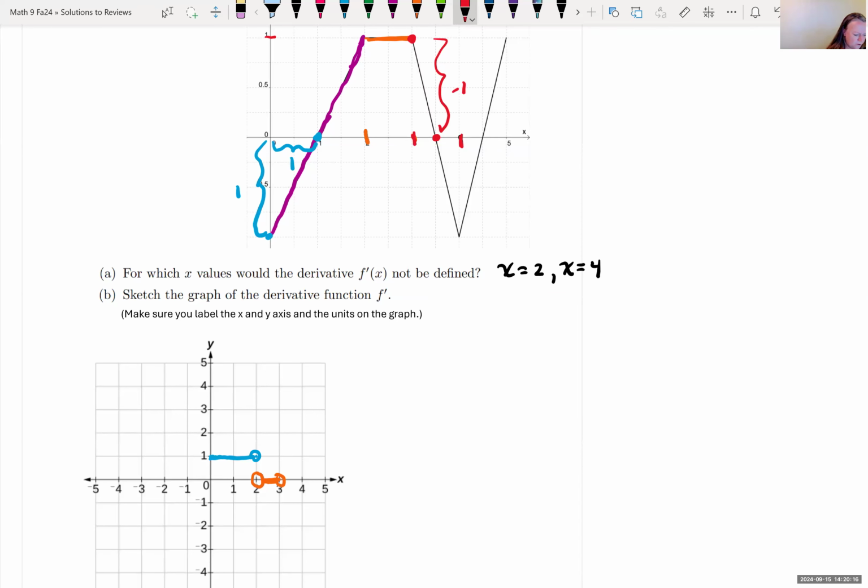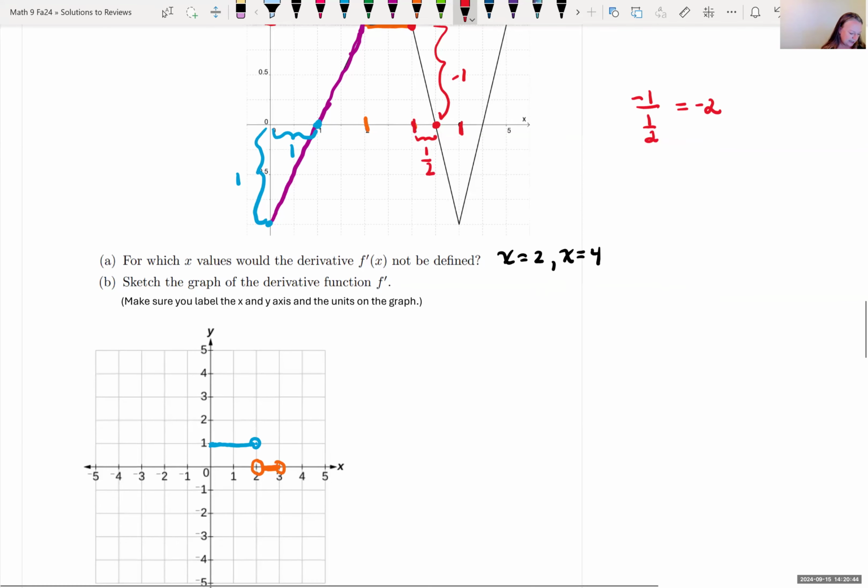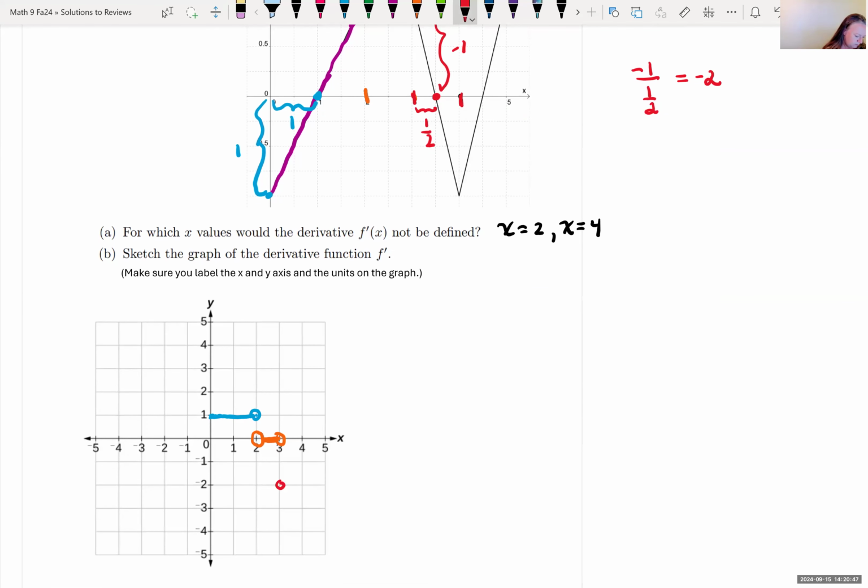And I'm running over, these tick marks are in terms of a half. So my slope is negative 1 all over 1/2, which is equal to negative 2. So my slope from x equals 3 to 4 is negative 2. So a horizontal line from x equals 3 to 4 at negative 2.